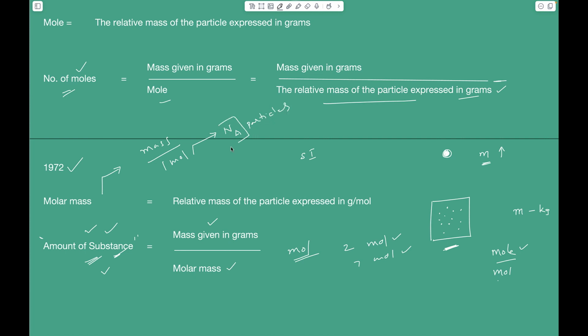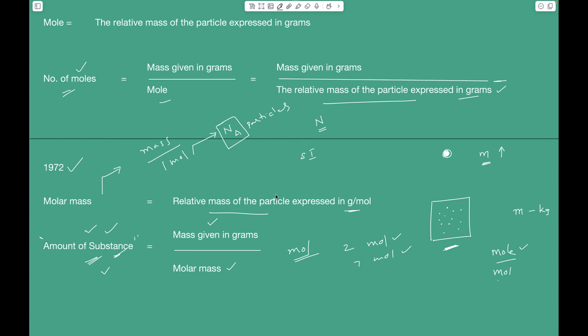And Avogadro's constant is represented by Na. And Avogadro's number is represented by N. There is a small difference between these two. I will explain that shortly. And we have picked the value of Avogadro's constant in such a way that the mass of those many particles will be simply equal to the relative mass of the particle in grams.